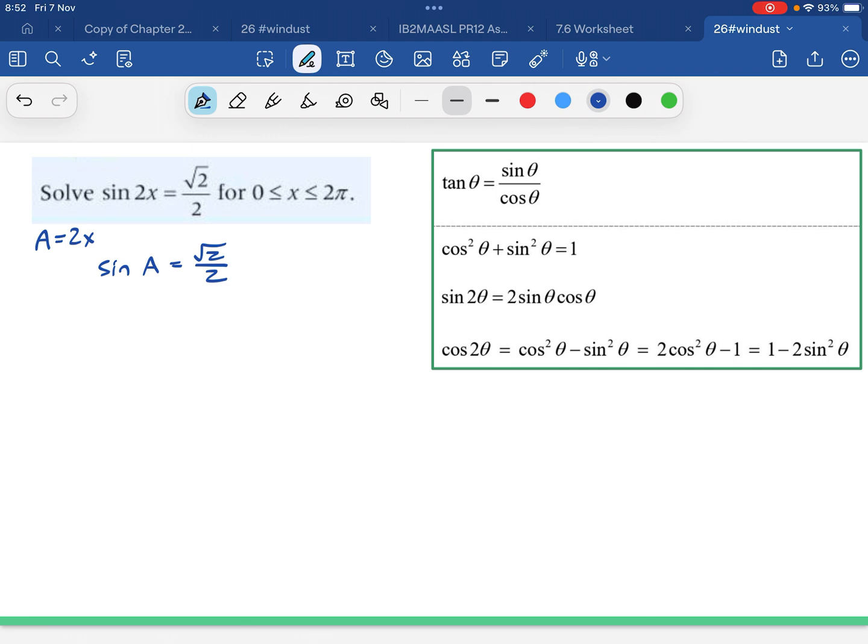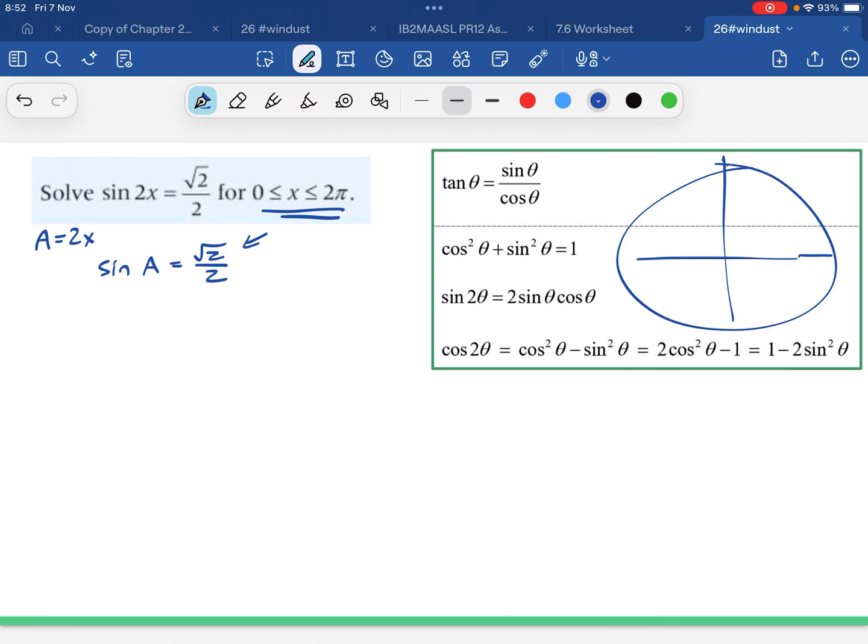That ratio should be a clue to you. Root 2 over 2 comes from one of our special right triangles, the 45, 45, 90, or in this case, because I'm working in radians, the pi over 4, pi over 4, pi over 2 triangle. If I'm thinking about the unit circle, I could go ahead and draw a pi over 4, or 45 degree angle, right here.